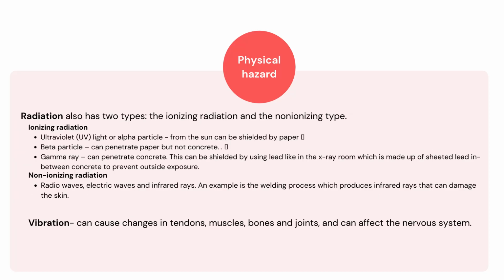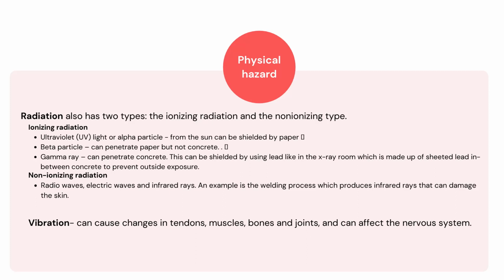Next is the radiation. Radiation also has two types, the ionizing radiation and the non-ionizing type. The types of ionizing radiations are the ultraviolet light or alpha particle from the sun, which can be shielded by paper. Next is the beta particle, which can penetrate paper but not concrete. Next is the gamma ray, which can penetrate concrete.